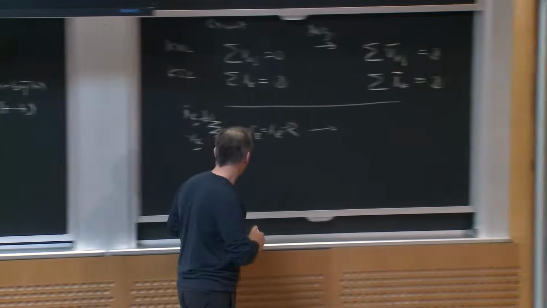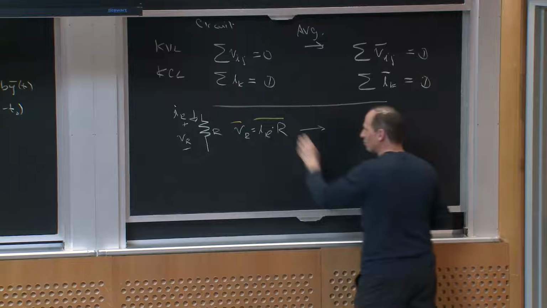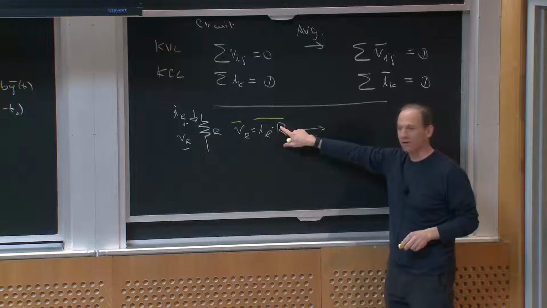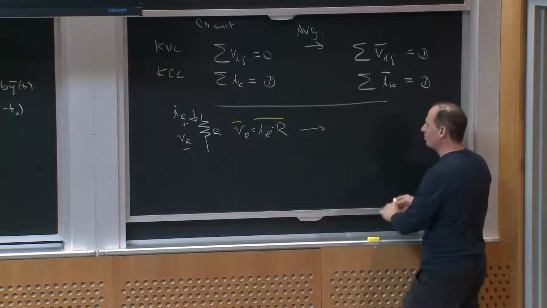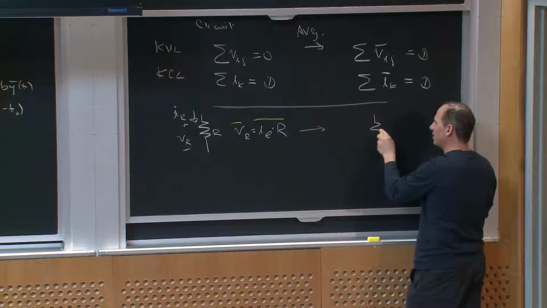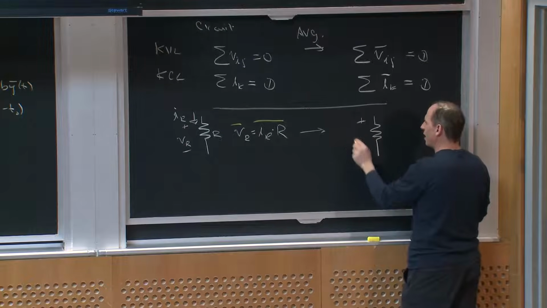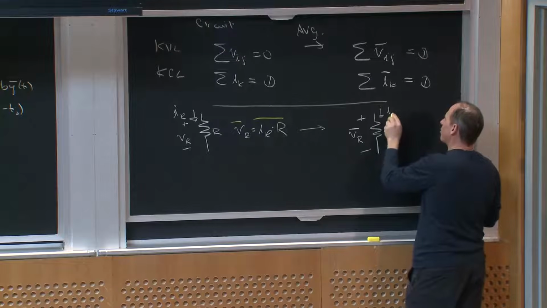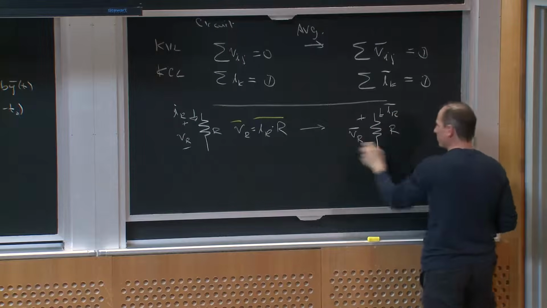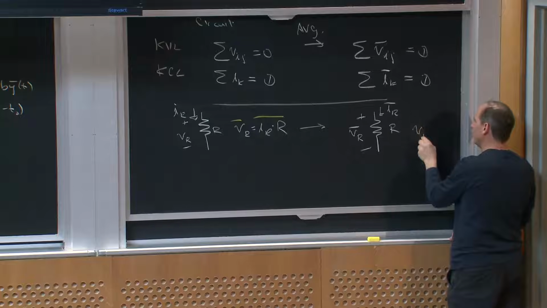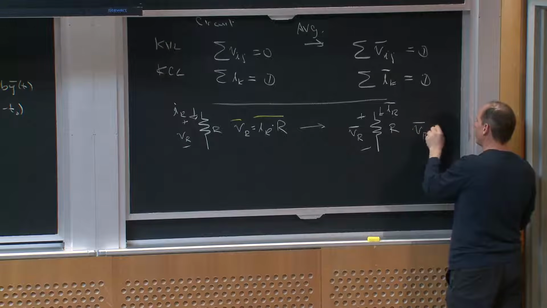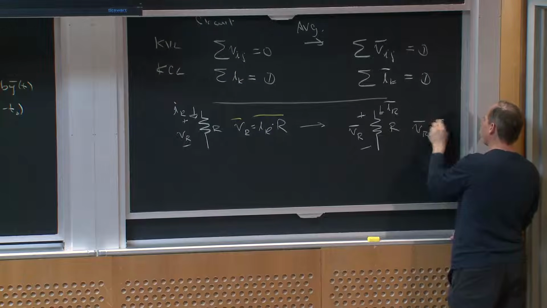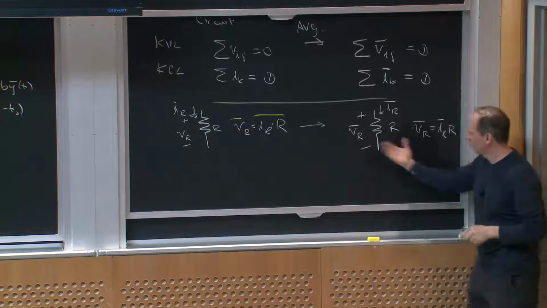So I'll average the left and I'll average the right, and I can pull R out of the equation. So then my averaged element ought to just be this: I have V sub R bar, I sub R bar, and R. And my relationship is simply V sub R bar is equal to I sub R bar times R, which is exactly the relation of a resistor.